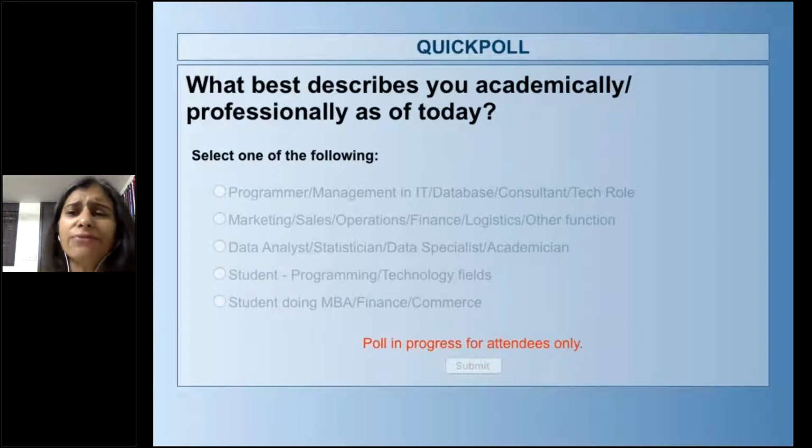If you're non-IT and from any functional role, whether it is HR, trading, marketing, sales, operations, supply chain, inventory, anything, choose the second option. If you are already a statistician, already a data analyst, choose the third one. And if you're a student, the last two are your choices.